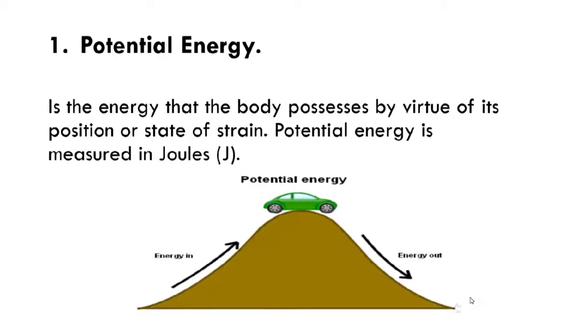A human being sitting on a chair will be possessing potential energy. It's stored energy. Water in a tank is just possessing potential energy. It's stored energy because it's not flowing, it's just stored. So those are some of the examples of potential energy.